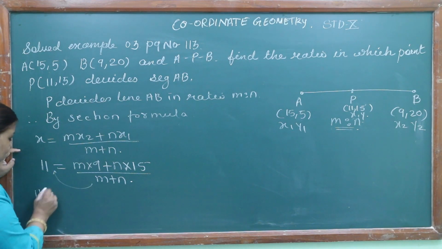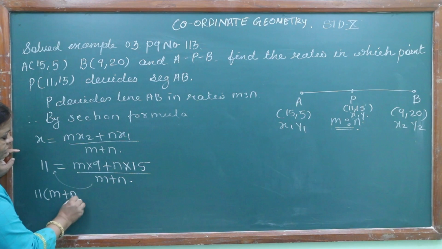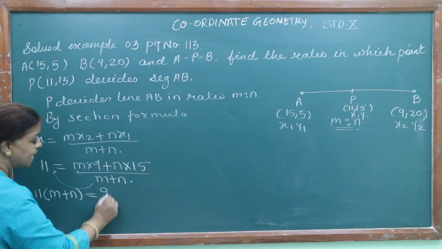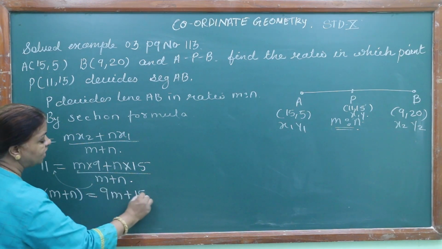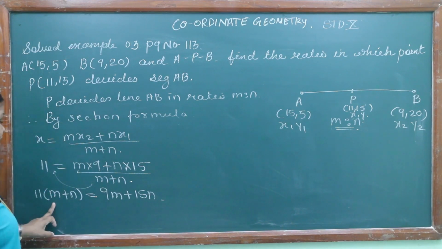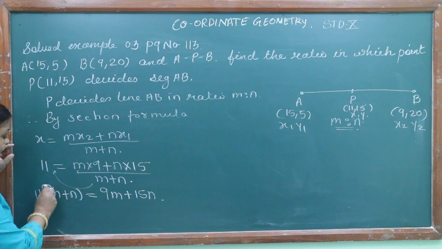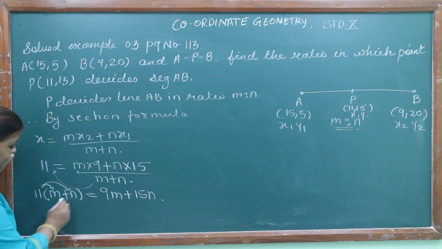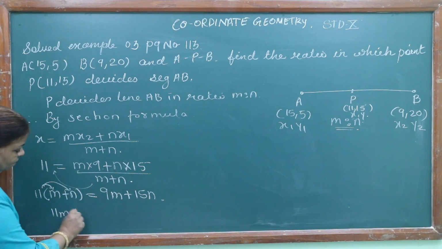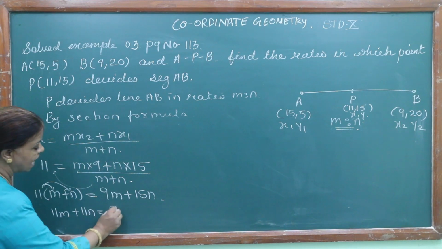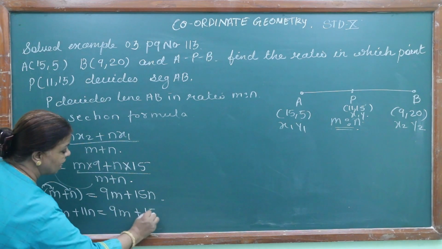So it will be 11 into m plus n, children, is equal to 9m plus 15n. Now 11 is outside the bracket. 11 will multiply with everything inside the bracket, and we will get 11m plus 11n equal to 9m plus 15n.